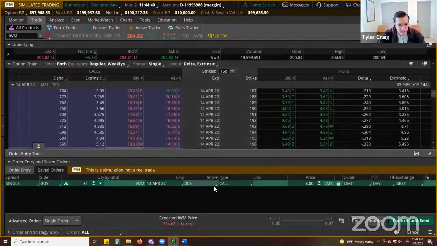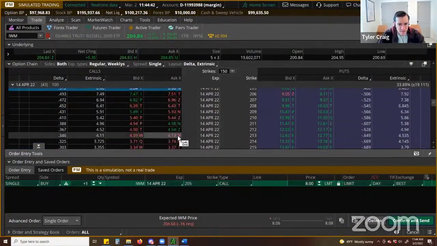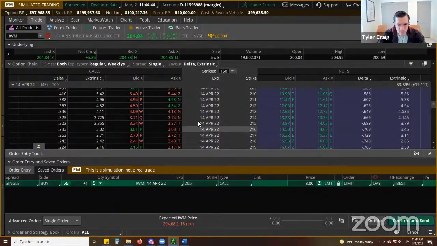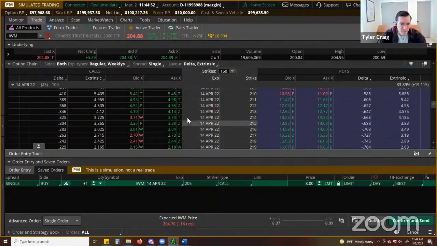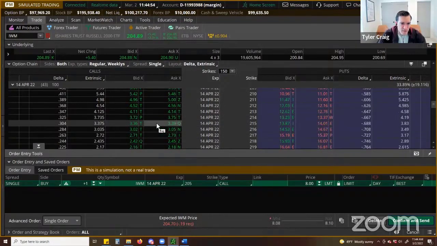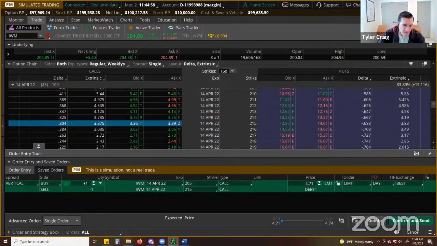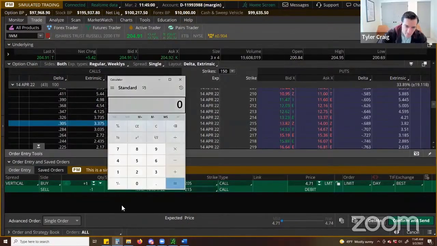In the option chain, I just default to a $10 wide spread, but here's the cool thing about options: you can shrink the spread or widen the spread depending on if you want to get more aggressive or less aggressive. If I sell the 215, I'm going to reduce my cost by $3.50. Well, let's call it 340. 340 on 8, I just cut the cost by 43%, which means I cut the risk by 43%.